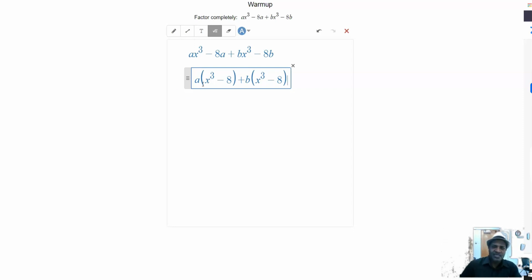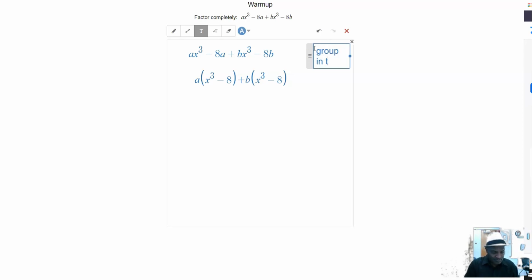Okay. The next thing you do after factoring out, what we just did was factored out the GCF. So what did we do first? First thing we did was we grouped in twos. We did that first.